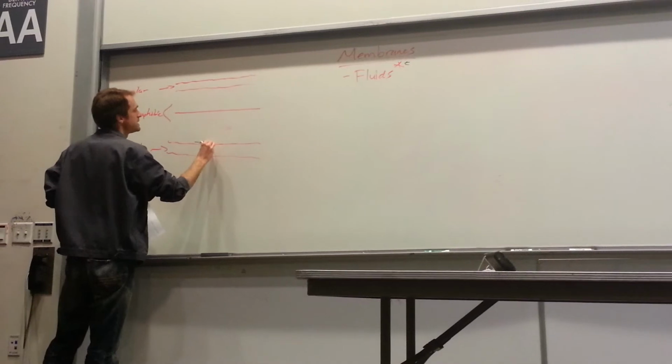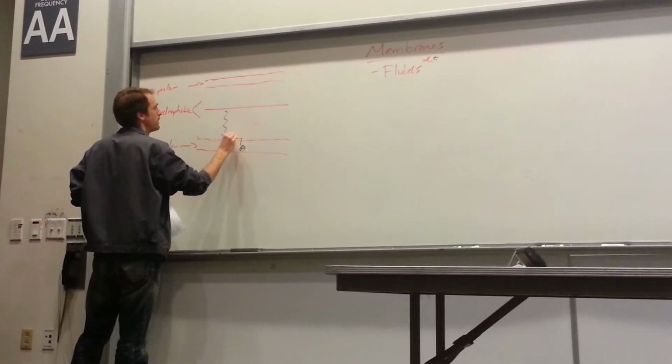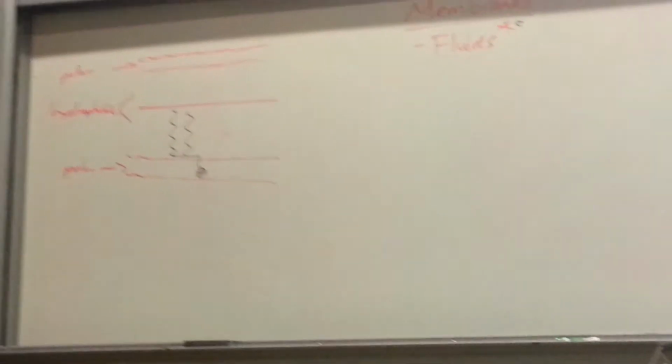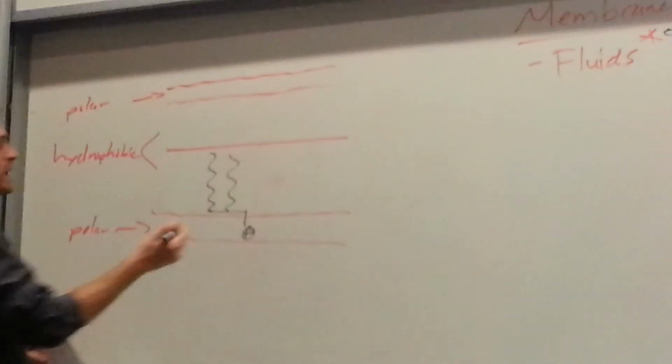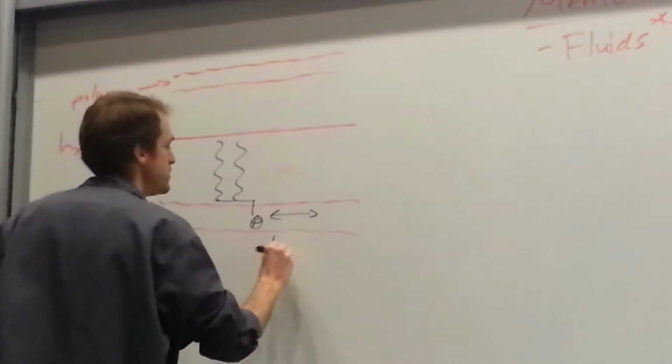So let's think about a glycerophospholipid sitting here in this membrane. He's a fluid. He can move past his neighbors. But it's regulated. It's limited to lateral diffusion.